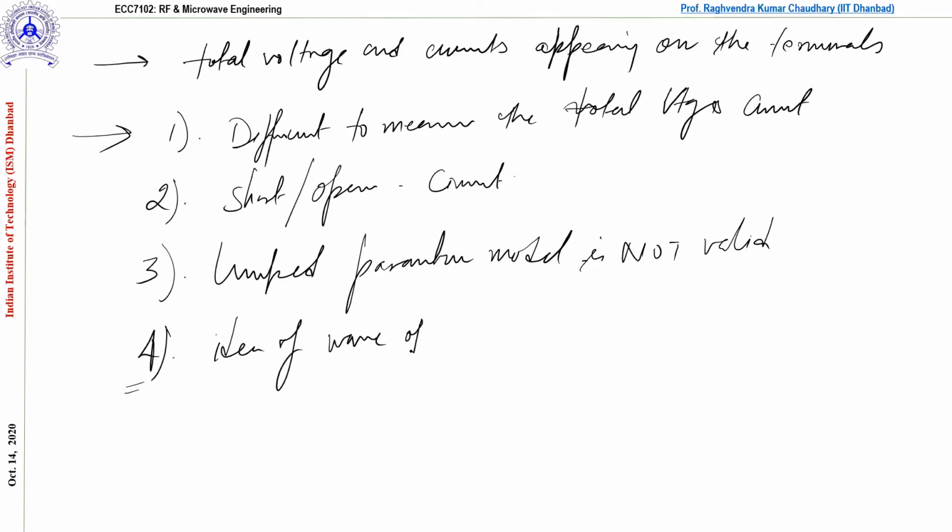So these are the four possible reasons why we have to use the S parameter when we are working in the RF or microwave domain.